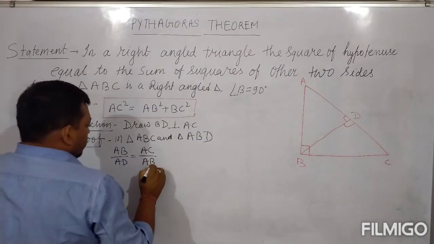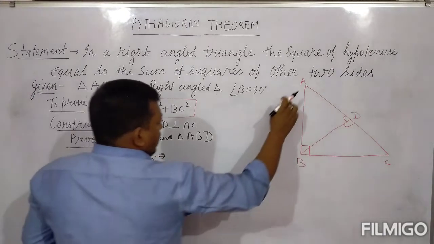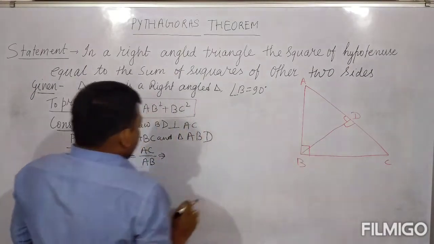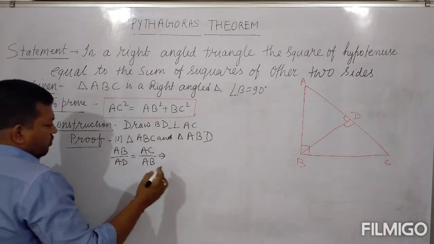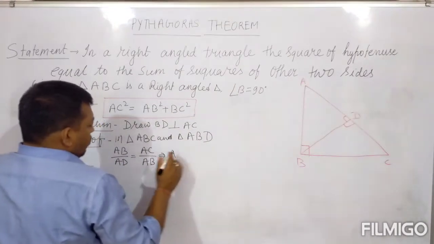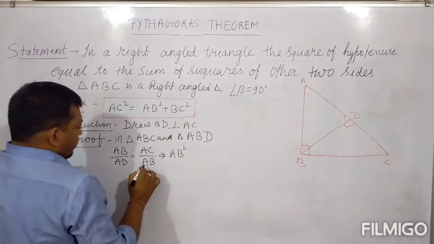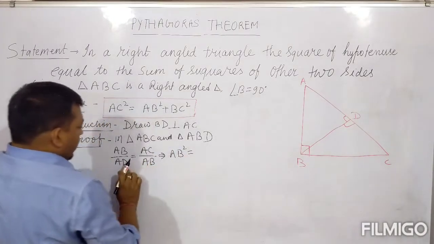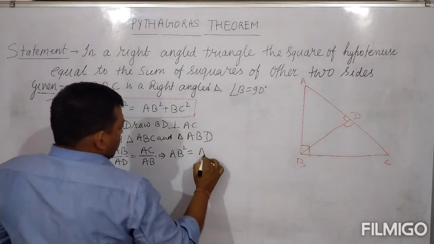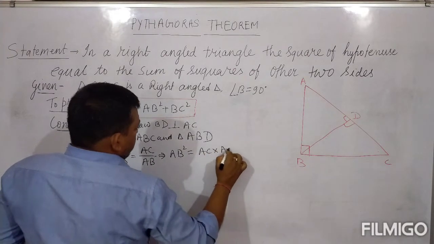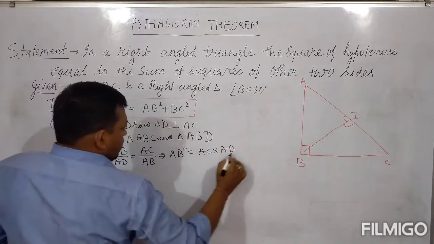AB is the hypotenuse of this triangle. So what relation do we get? Cross multiplying, we get AB square equals AD into AC, or AC into AD. This is relation 1.